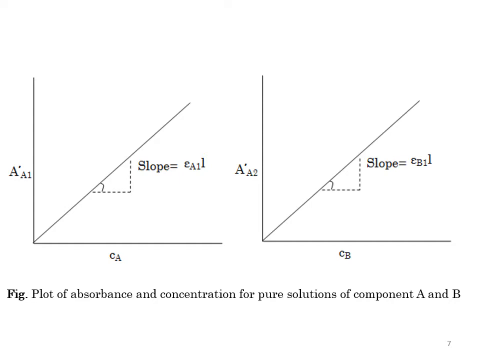Similarly, if we plot the absorbance of component B at lambda 1 as a function of concentration of component B in the solution, then the slope of this graph becomes equal to epsilon B1 into the path length of the sample holder. This epsilon B1 is the molar absorption coefficient of component B at lambda 1. Similarly, the values of epsilon A2 and epsilon B2 can also be calculated.